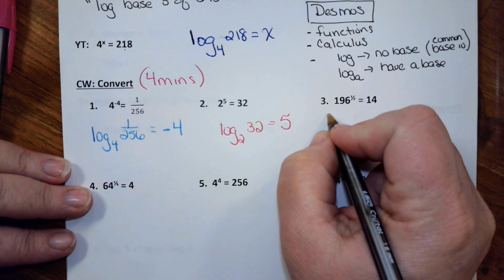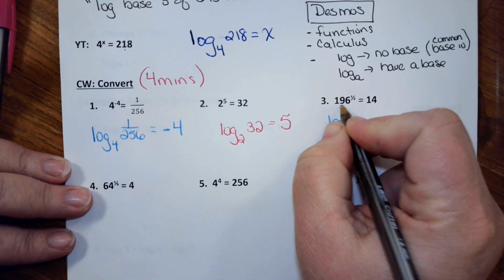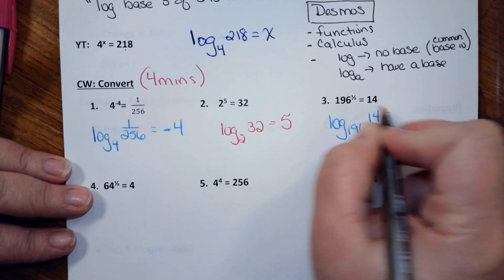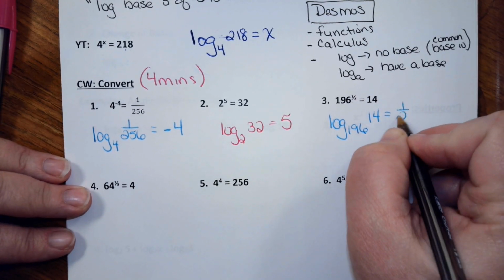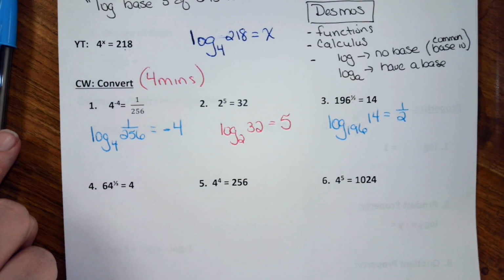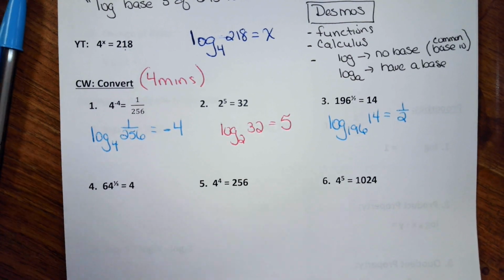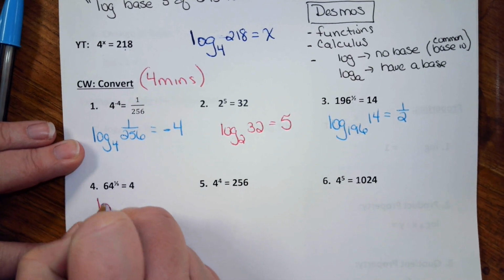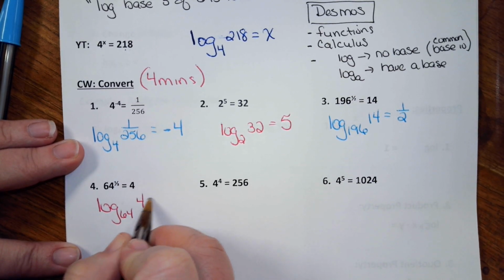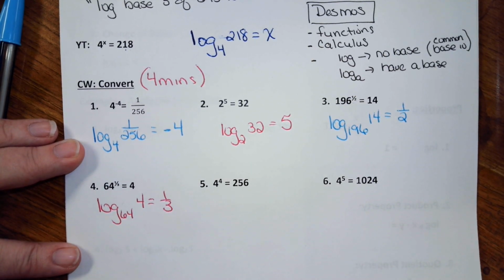For number 3, we've got the log base 196 of 14 equals our exponent of 1/2. For number 4, we've got the log base 64 of 4 equals 1/3.